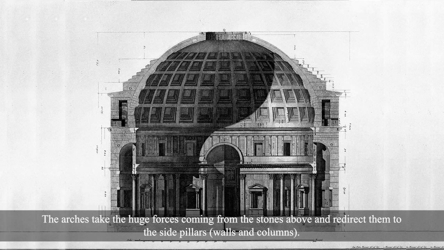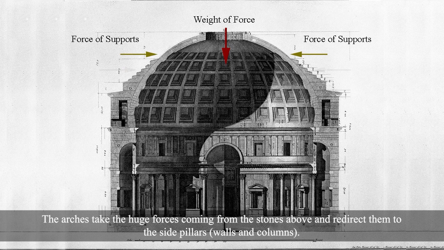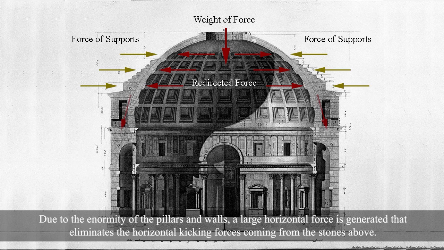Load distribution. The arches take the huge forces coming from the stones above and redirect them to the side pillars, walls, and columns. Due to the enormity of the pillars and walls, a large horizontal force is generated that eliminates the horizontal kicking forces coming from the stones above.